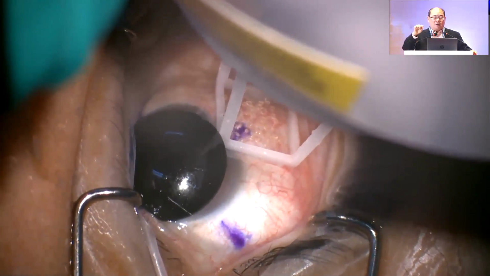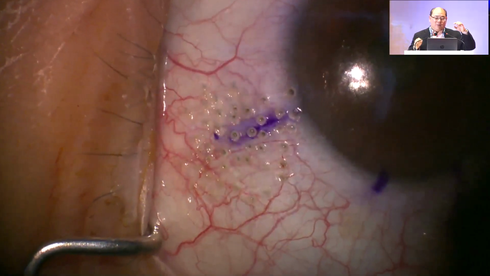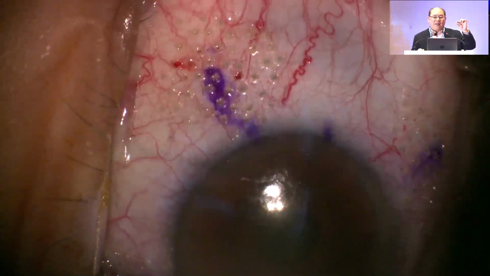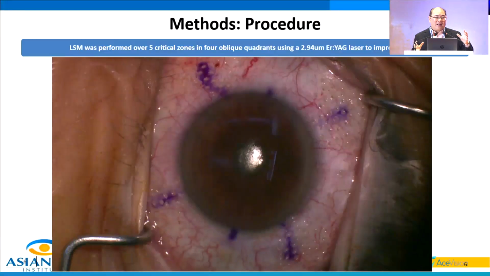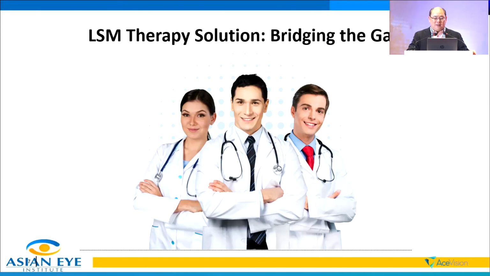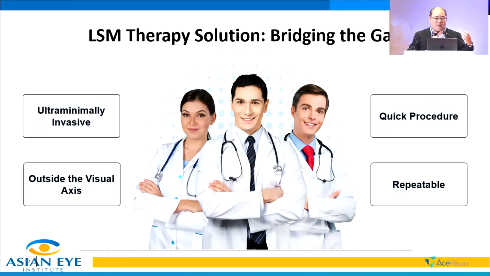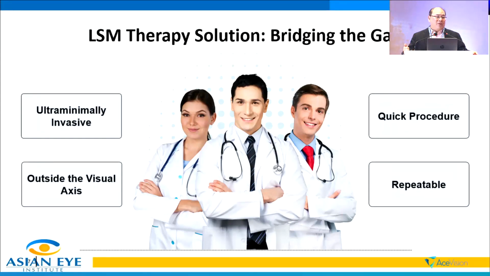The 4 quadrants get treated with 75 to 80% depth pores to relax the sclera and hopefully promote movement again of the ciliary body and the zonules. The goal is to provide a minimally invasive treatment, and second, not to touch the visual axis. So we don't touch the cornea, and we don't touch the lens.